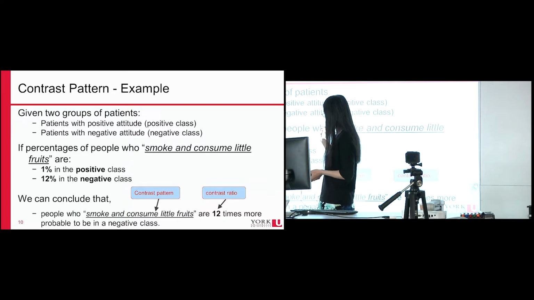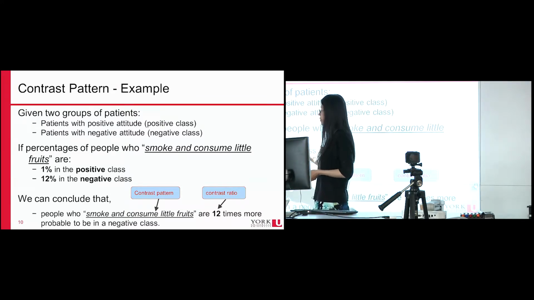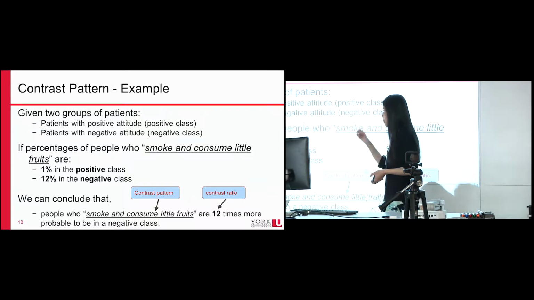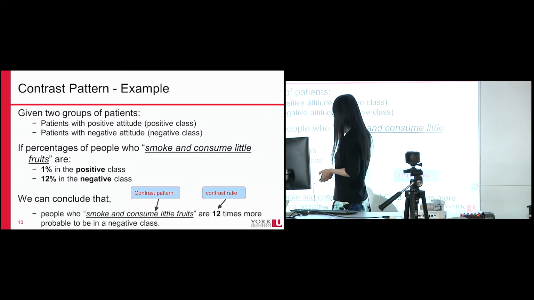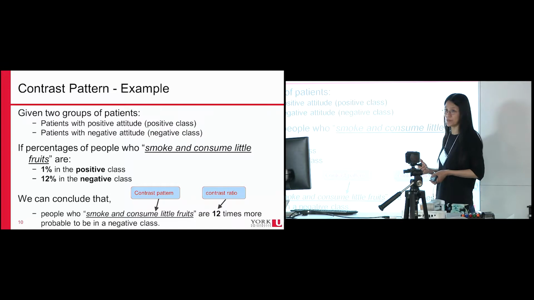Because only 1% of people in the positive group have these characteristics, and 12% of people in the negative group smoke and consume little fruit.